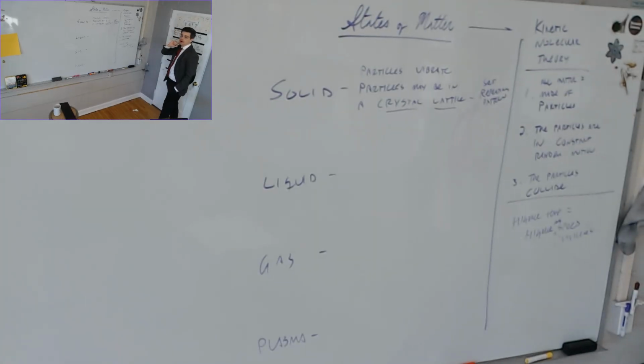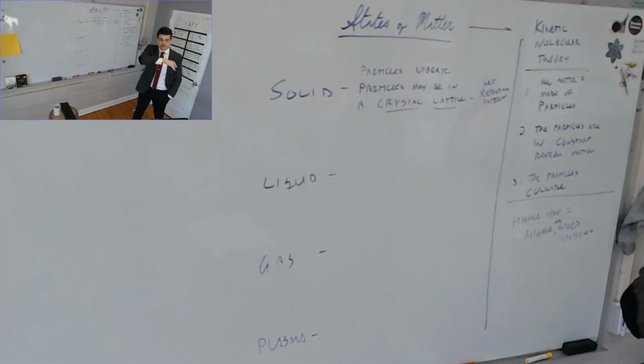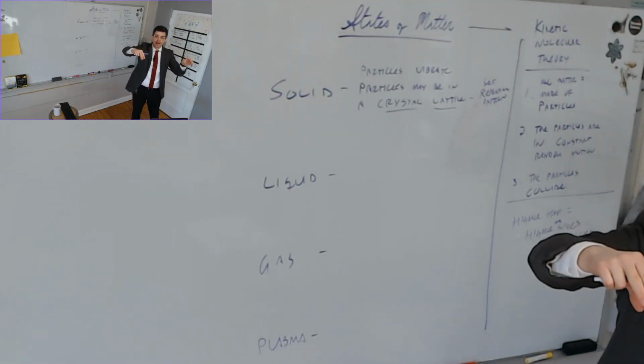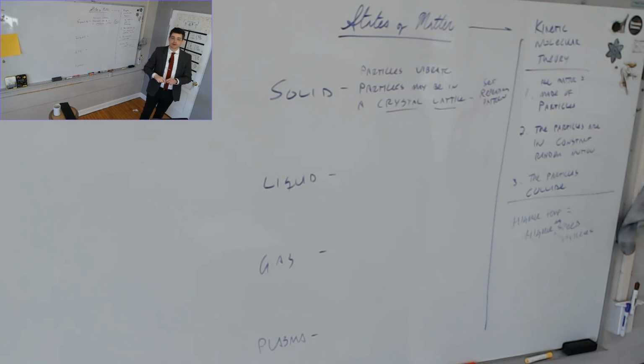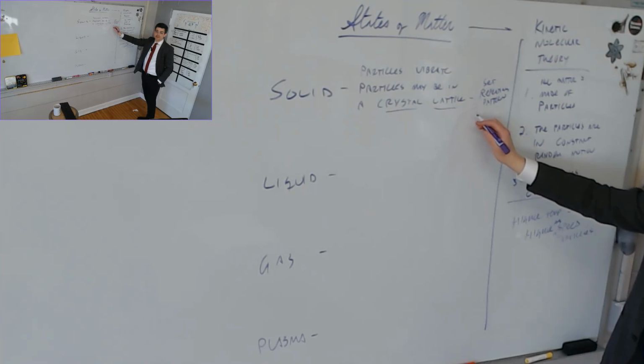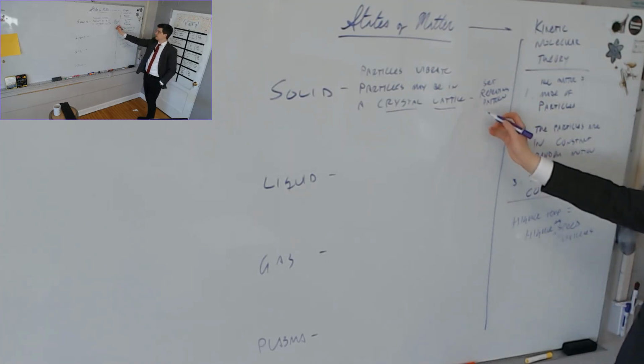This would be like if you sit in the auditorium, the chairs are oriented like there's a row, and then there's a row behind that, and a row behind that, as opposed to if you're sitting in this classroom or some other classroom where you're kind of dotted around randomly. You're not necessarily in strict rows. So some solids have a crystal lattice. That's what makes a solid a crystal, if it has this repeating pattern.